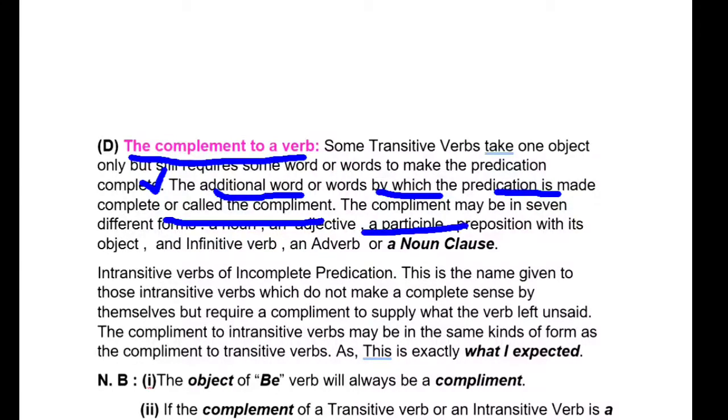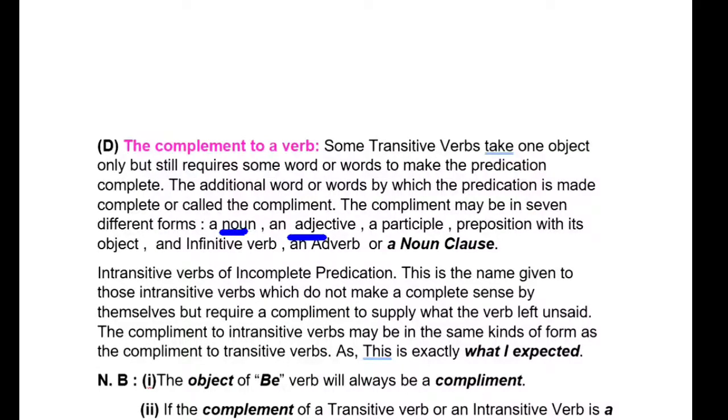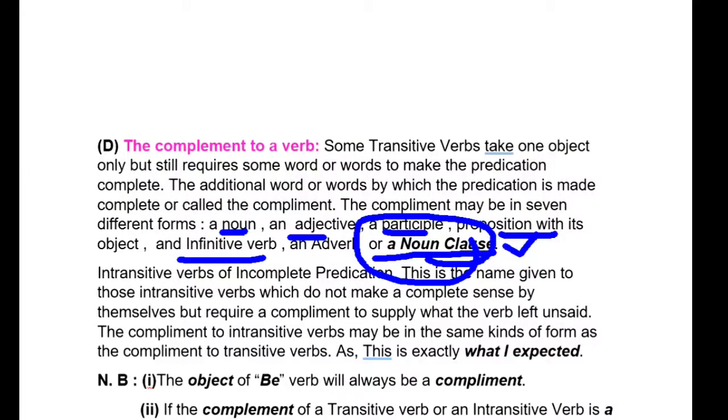And the complement may be in several different forms. What are these forms? A noun may be a complement, an adjective may be a complement, a participle may be a complement, a preposition may be a complement, and an infinitive may be a complement. Okay, and a clause may be a complement. If the clause is a complement, then it must be a noun clause.